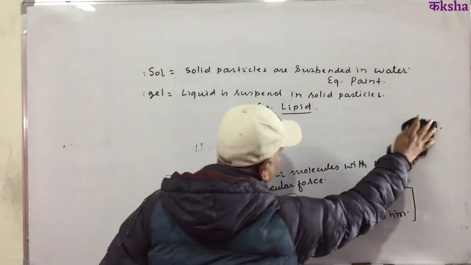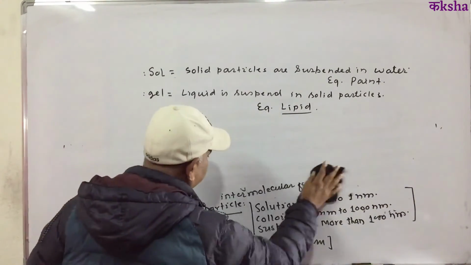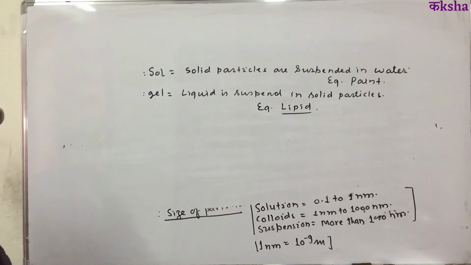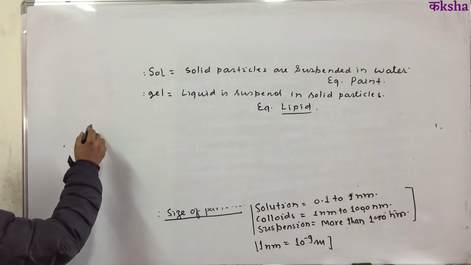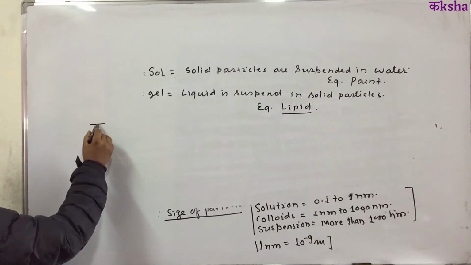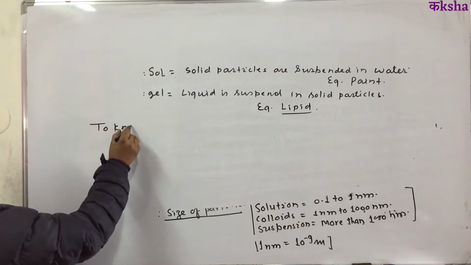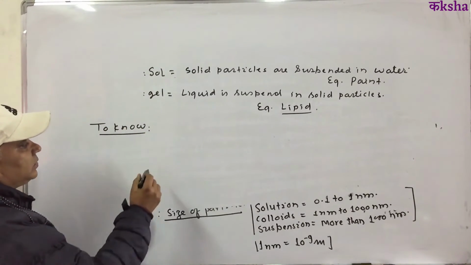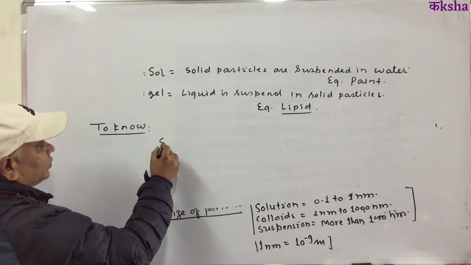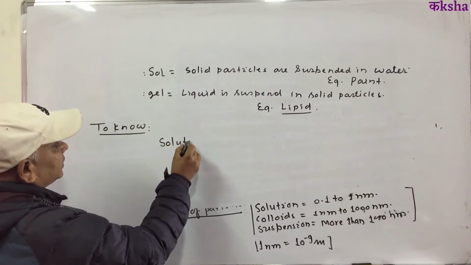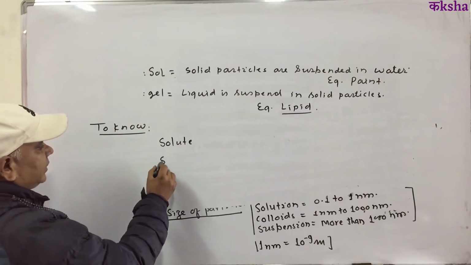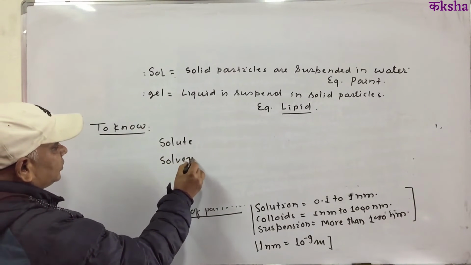Now, a very simple thing I am going to tell you before we start what we have to study. It is very essential to know. One is solute, you must have an idea about this. The other is solvent.